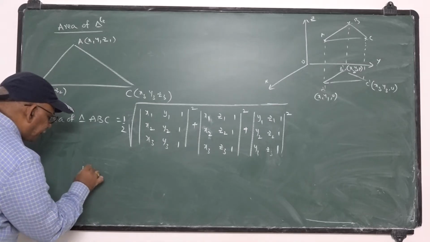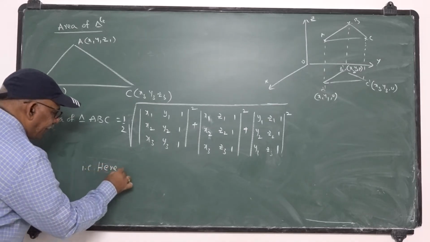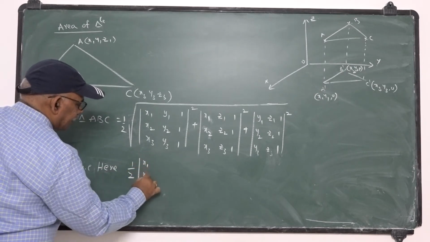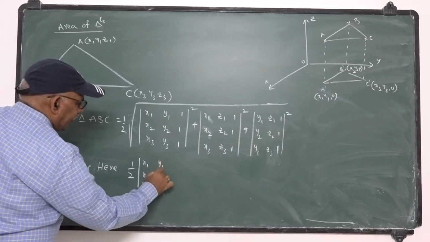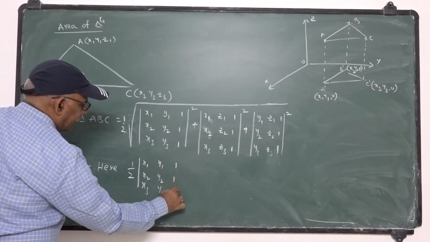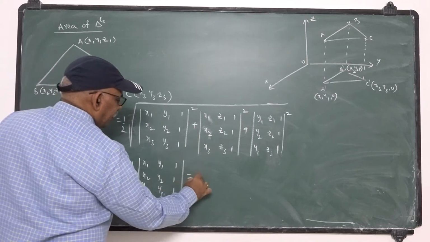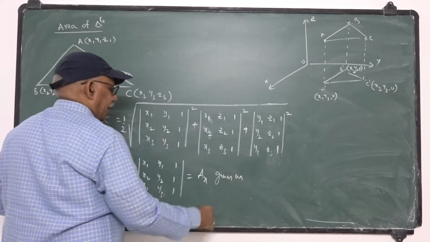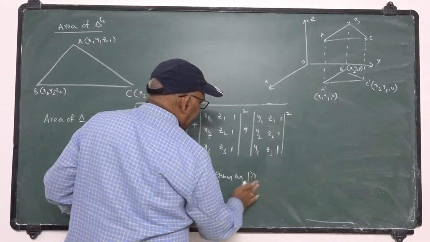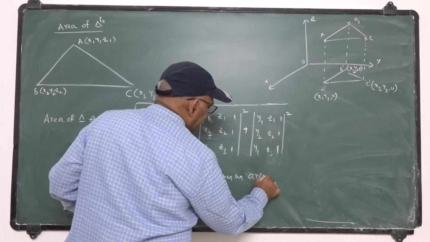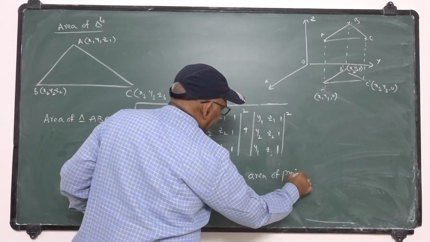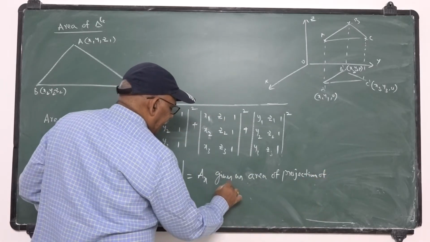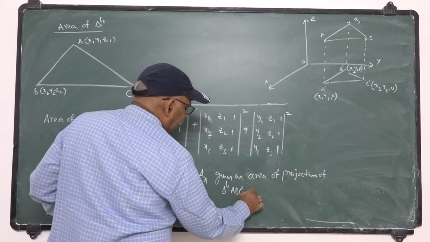That is, half the determinant of x1, x2, x3, y1, y2, y3, 1, 1, 1. Suppose we call it Ax, which gives the area of the projection of triangle ABC on the XY plane.